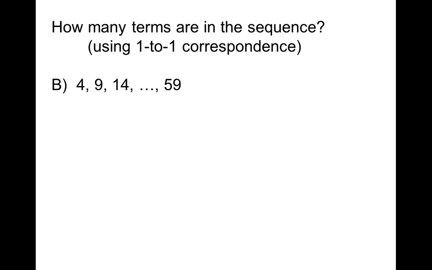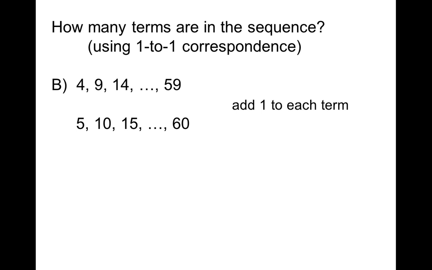So if I can make each of these terms look more like a multiple of 5, then I'll be a little closer to finding that one-to-one correspondence. So I'm going to start by adding 1 to each of these terms. Now remember, that does change the terms in the sequence, but I'm really interested in how many numbers there are. I haven't changed the number of numbers.